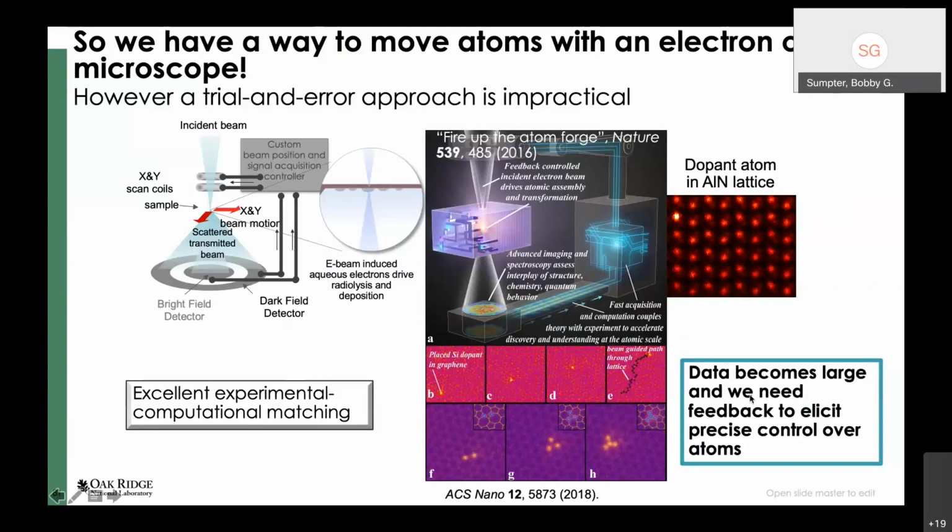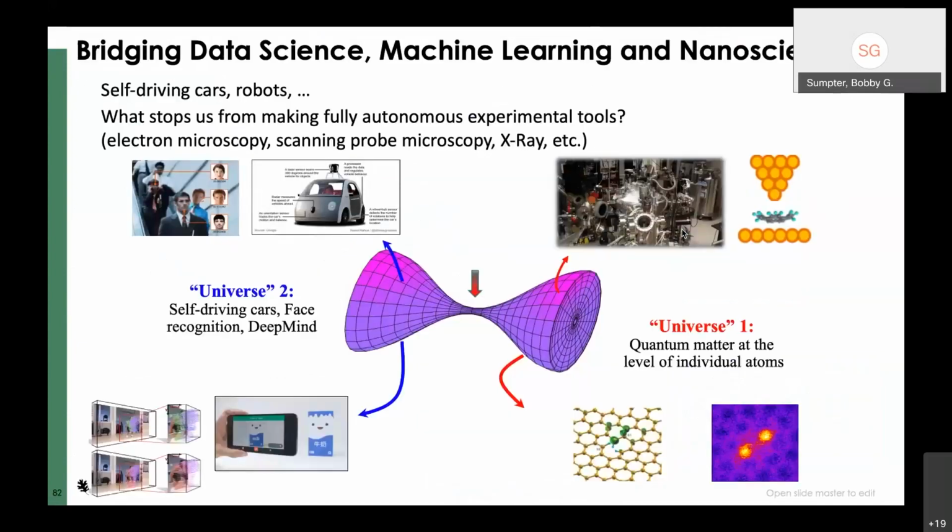And we need to do that, coupled with the theory and calculations on the fly during this experiment, which takes seconds to minutes. So it's a huge amount of data. That's where data becomes a challenge, but also an opportunity, because we can deal with it, we can feed back, and then we can move these atoms precisely every time where we want them, and we could have a possibility to scale this up.